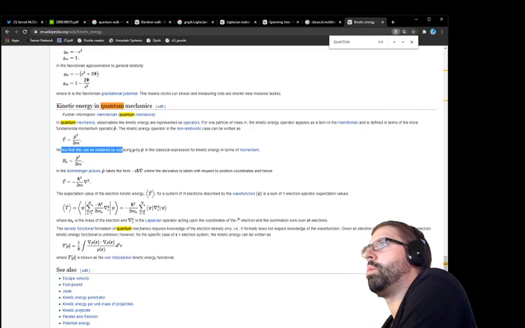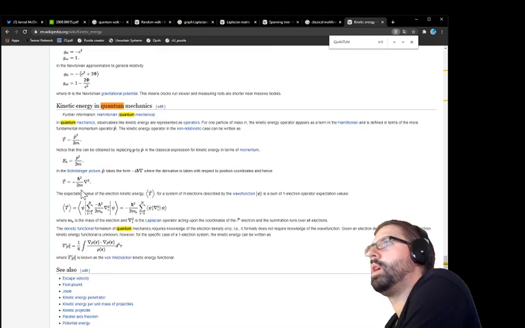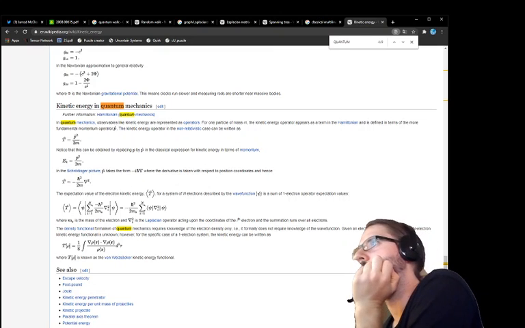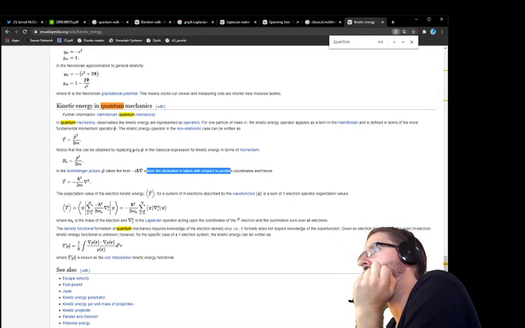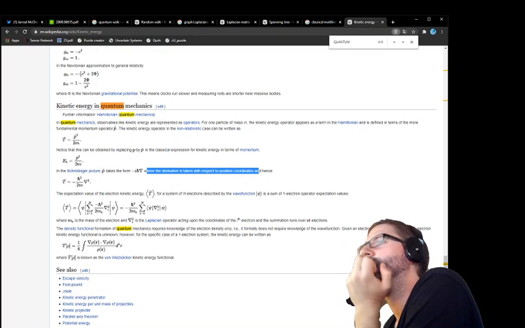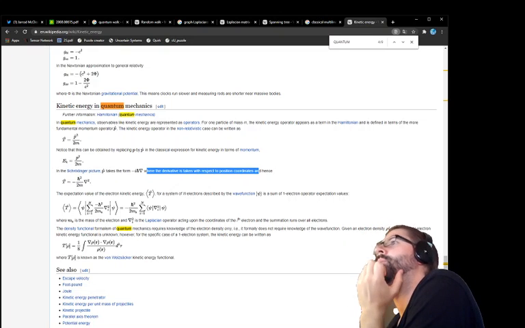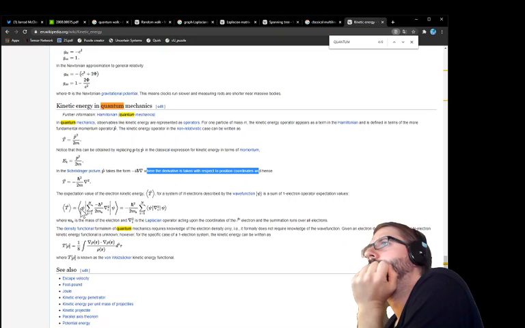Notice that this can be obtained by replacing in the classical expression. Okay. In terms of momentum. In the Schrodinger picture, it takes the form, whatever that is, where the derivative is taken with respect to position coordinates, and hence... okay. I have an idea.